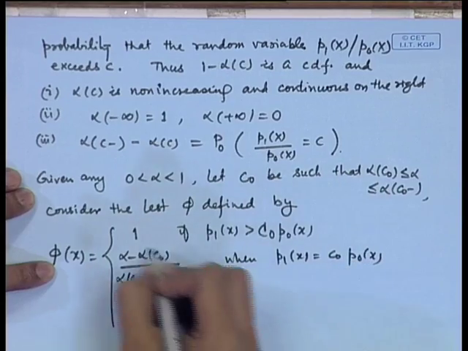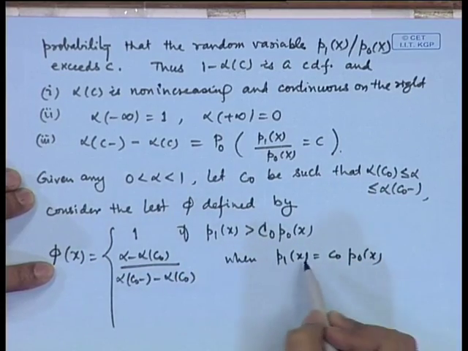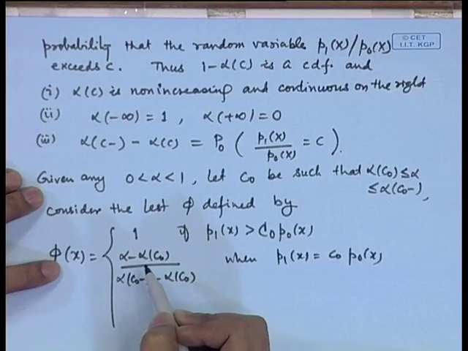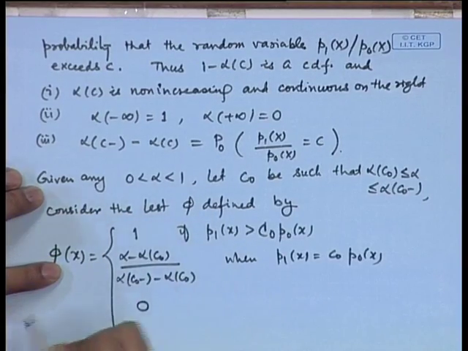So, this is the randomization as I was mentioning earlier, that when there is equality we put some value, because finally we want to achieve the size alpha.